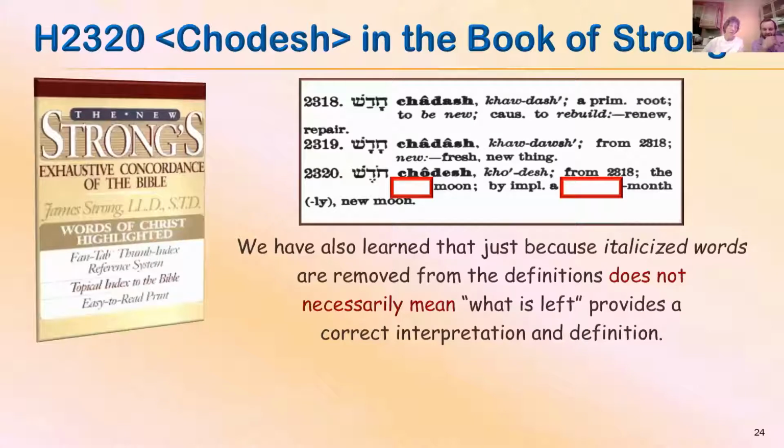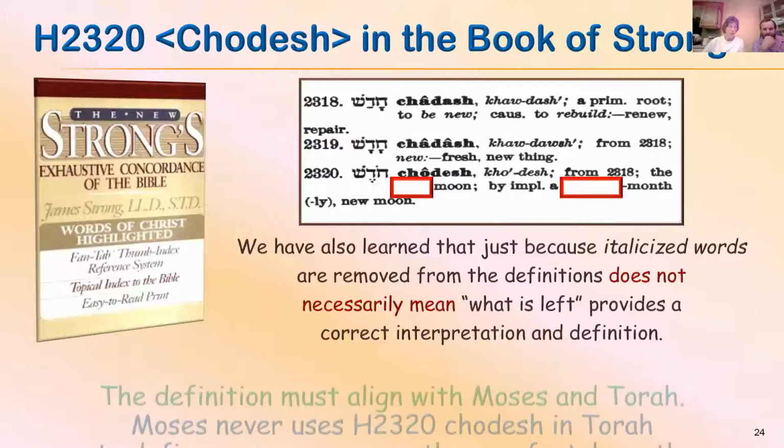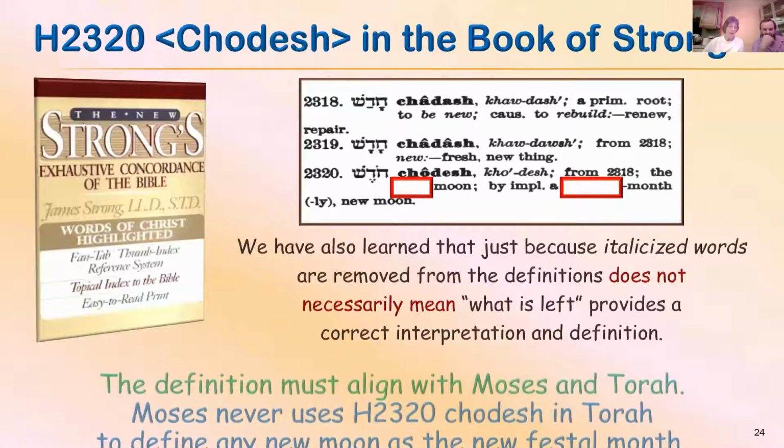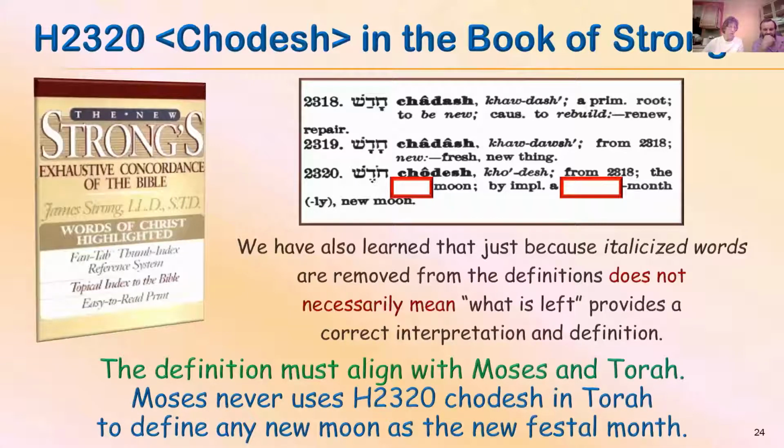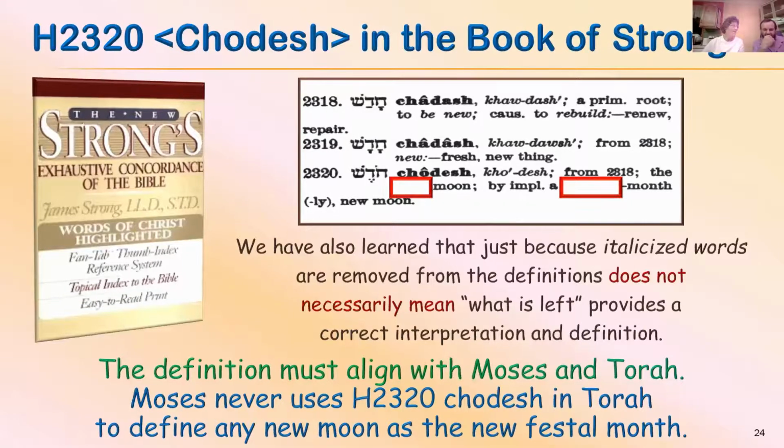We did that on the last study, I believe it was. We looked at these carefully because we felt that this definition that's left has to still align with Moses and Torah. And we also discovered that Moses never ever uses Kodesh 2320 in Torah to define any new moon as a new festival month, right? Yes. You have to agree.